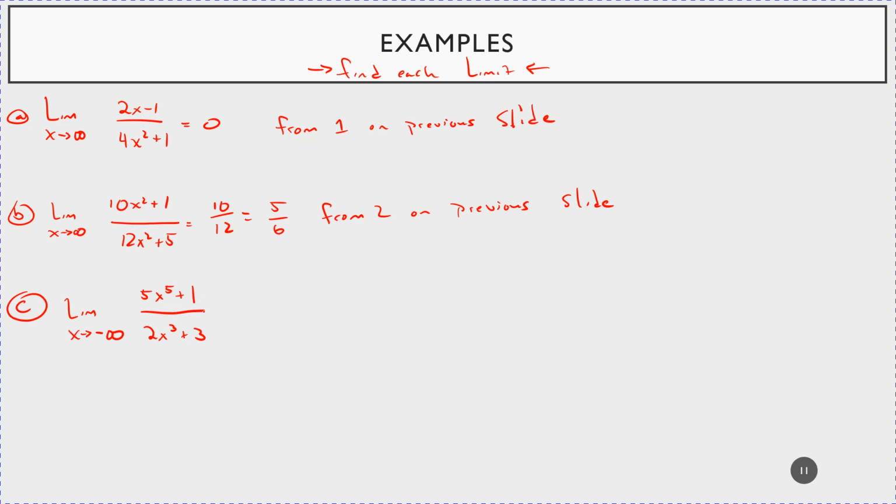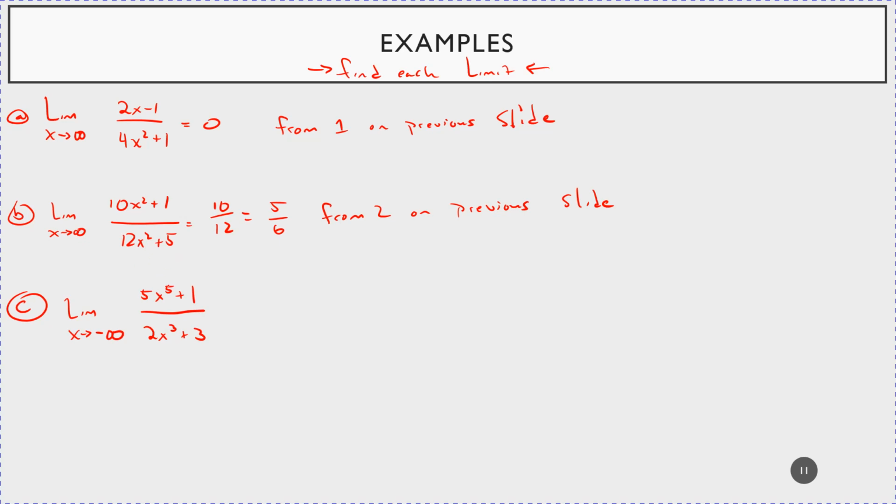All right, so you notice here that the degree of the numerator is larger than the degree of the denominator, right? And now you always have to respect the sign, and this is why it's so important. A lot of times people think, oh, you're going to negative infinity, so this is going to go to negative infinity as well.